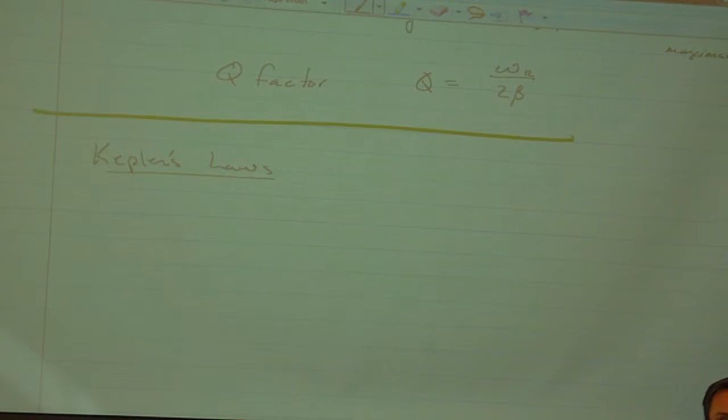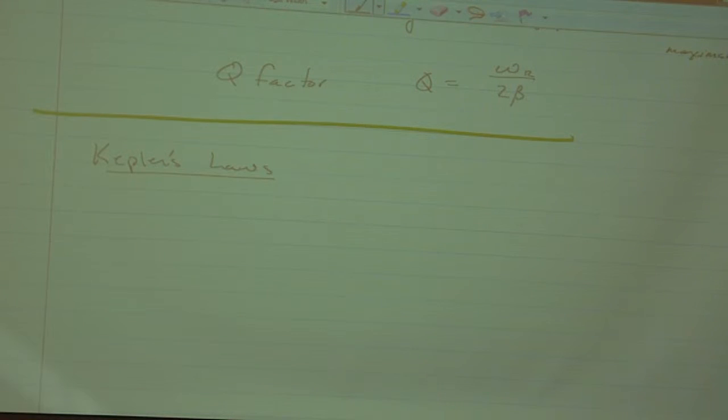Third law: the period squared is proportional to the semi-major axis cubed. Yes, okay, so educated physicists can spout off Kepler's laws.